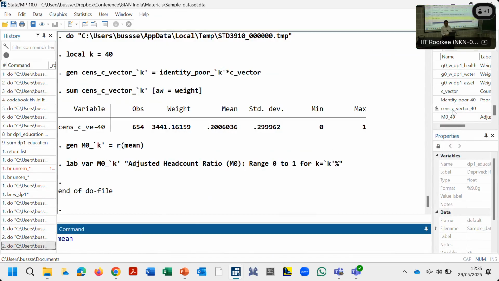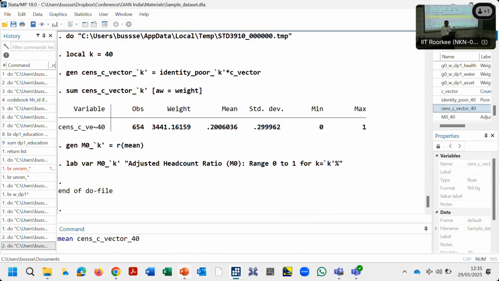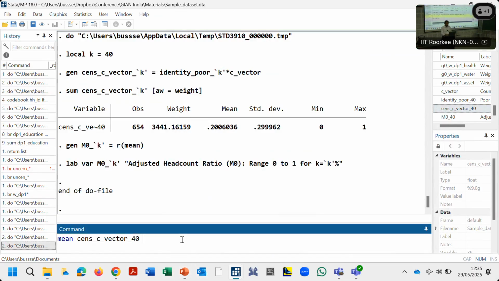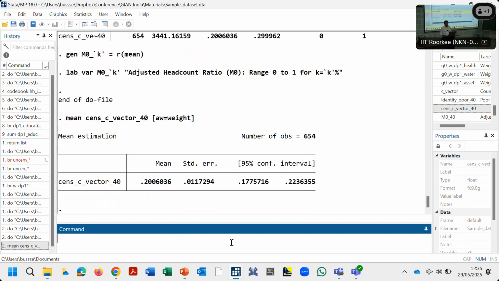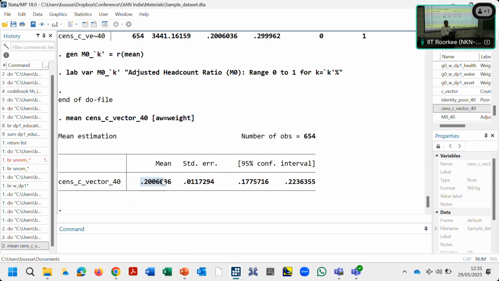Then let's select the censored C vector 40, and then type AW equal to weight. If you do that, this is your M0. You are getting the same value that I had stored inside the column.